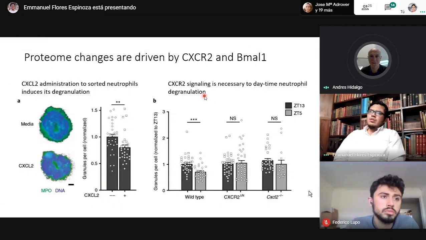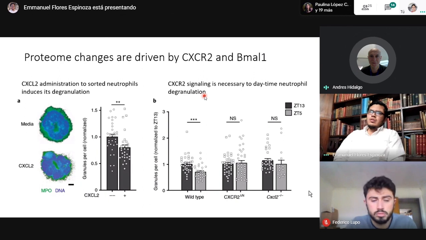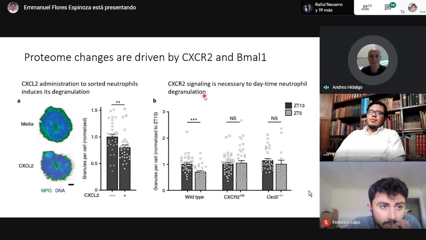We make a mouse where we combine neutrophils that are wild type together with neutrophils that are CXCL2 knockout, so they don't produce the chemokine. Then the phenotype, the granule, it's another panel that I think Emmanuel didn't show, but it's okay. The phenotype of the CXCL2 knockout is very different from the wild type. The CXCL2 knockout cells are unable to degranulate, whereas the wild type cells in the same plasma, in the same blood, have fewer granules.